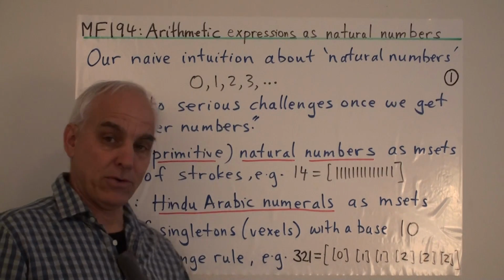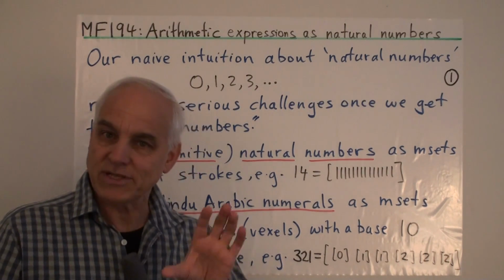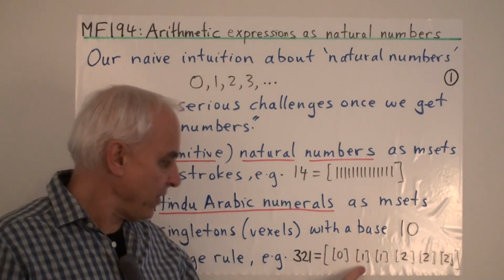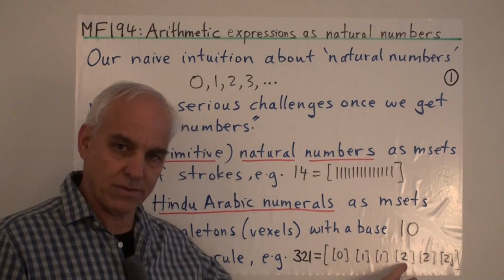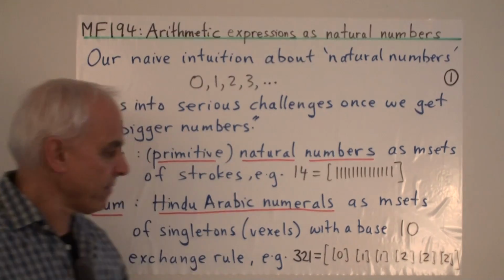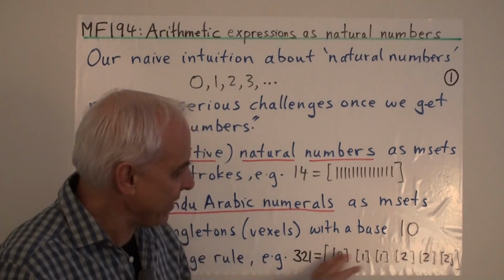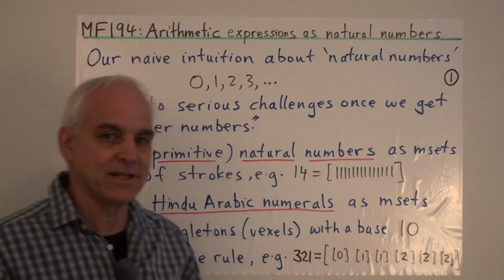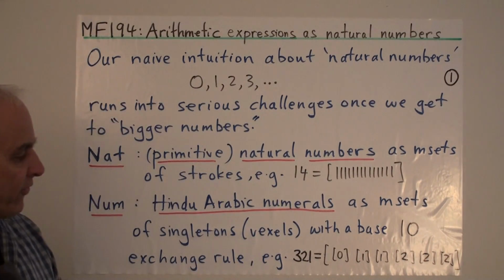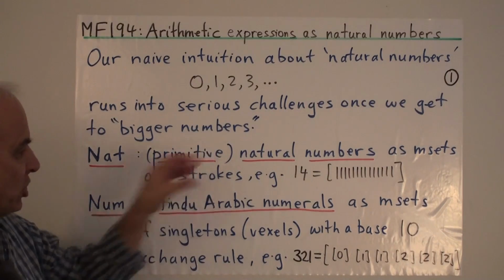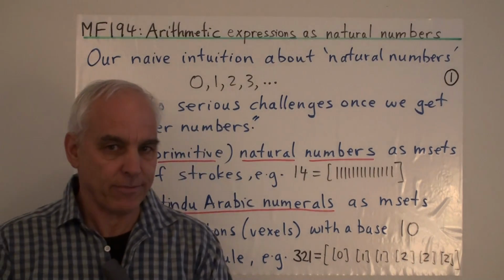So this singleton 0 is effectively representing 10 to the 0. This thing here is representing 10 to the 1. This is representing 10 to the 2, or 10 squared, 100. Okay. But we can actually work fundamentally just at the level of these singletons and then just interpret things in terms of our Hindu-Arabic numerals. So this is a powerful extension of our natural number system.